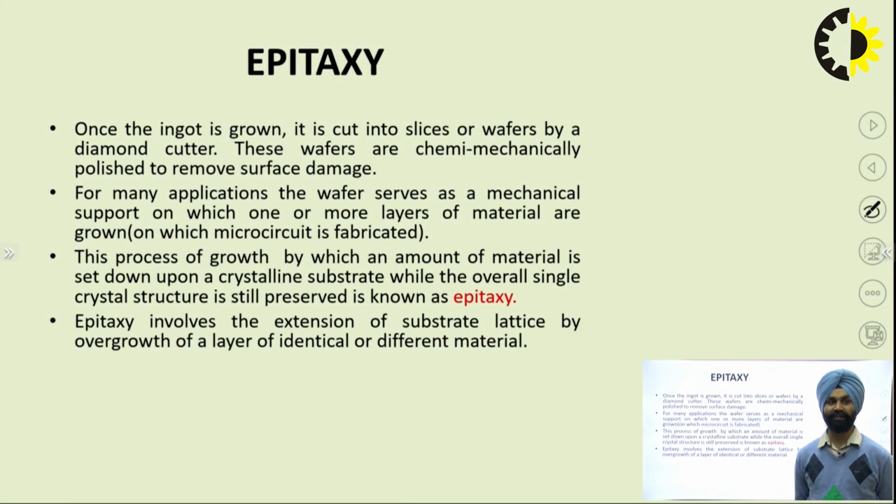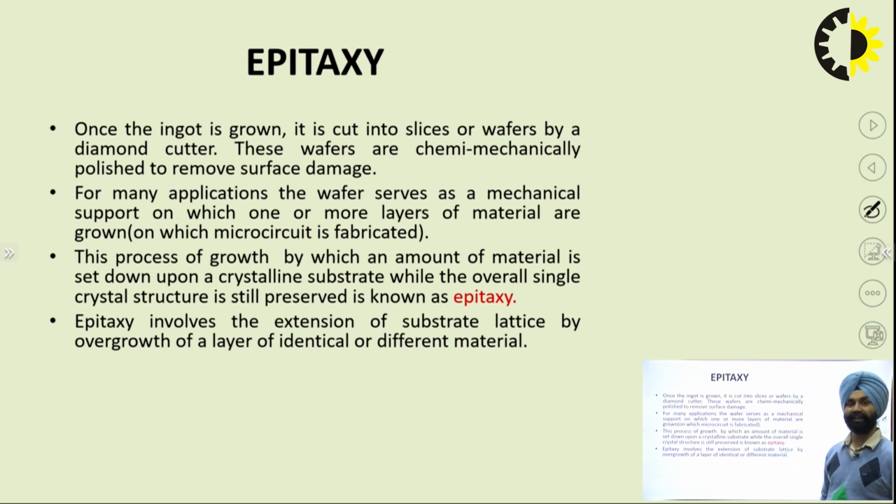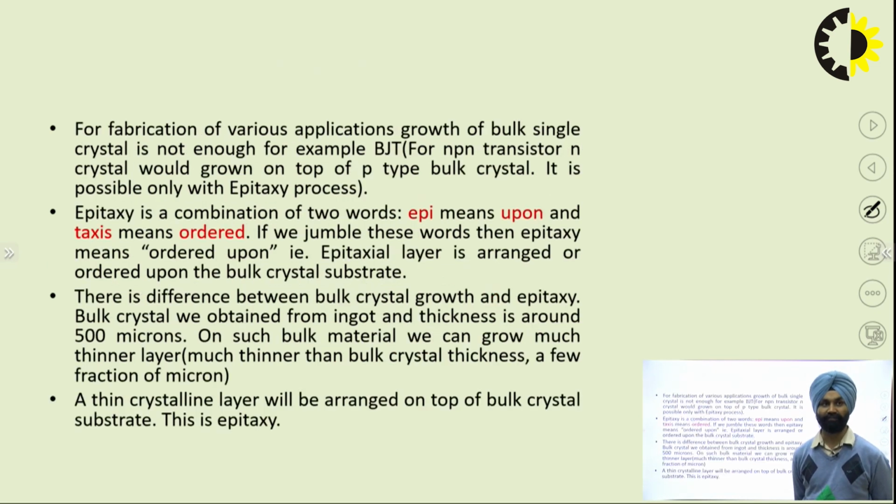Epitaxy involves the extension of the substrate lattice, grown by the wafer, by overgrowth of a layer of an identical or a different material. We have also seen that if the material is identical, it is known as homoepitaxy, and if the material is different, then it is heteroepitaxy.